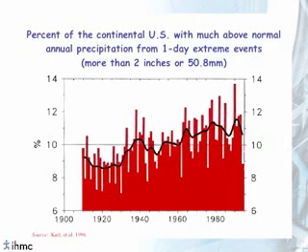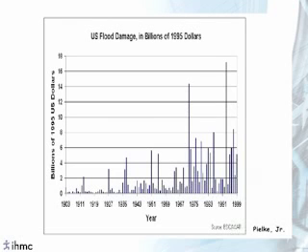It actually, in an exponential way, can hold more moisture. And so when it does rain, the rainfall is more intense and heavy. And you can see from this graph the enormous amounts of flood damage in billions of dollars. For example, in some of these years, it got up to $16 billion worth of damage.